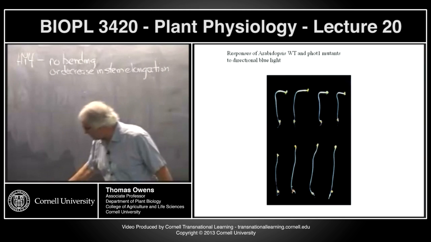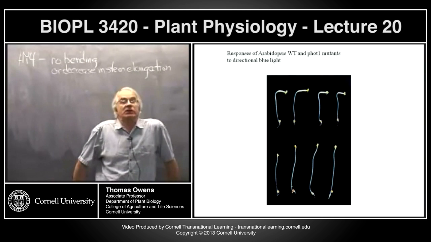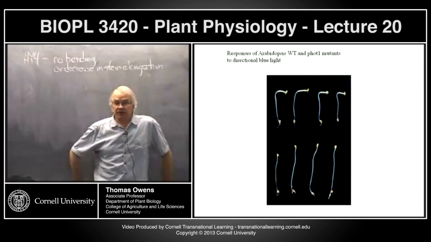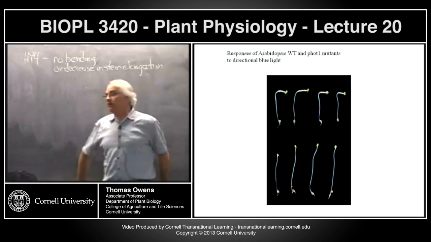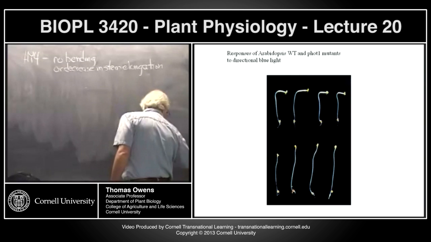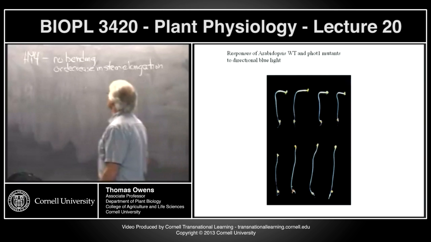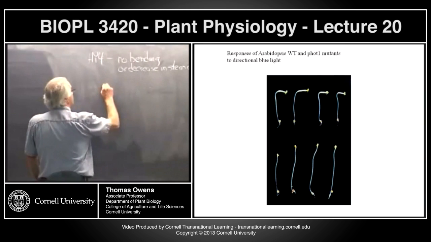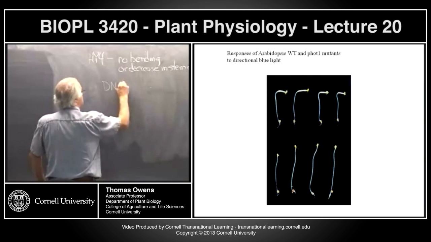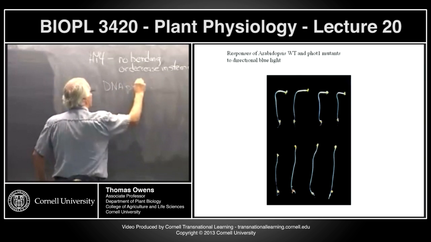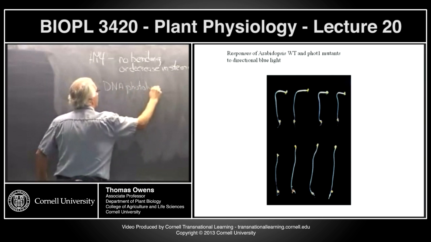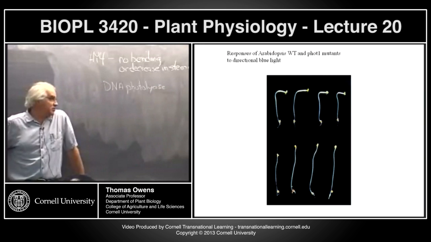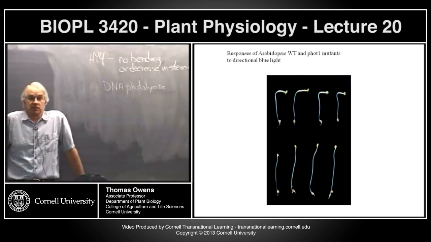So in Arabidopsis, when they sequenced the gene that accounts for this hy4 mutation, they found something interesting. They found that the gene that encodes hy4 is very similar to DNA photolyase. Who's taken biochemistry or genetics and remembers what DNA photolyase does?